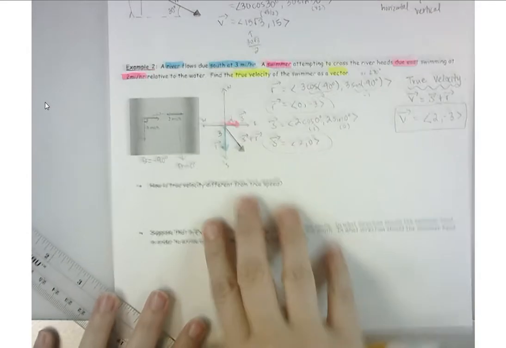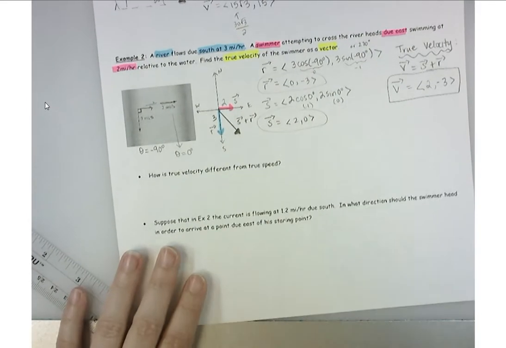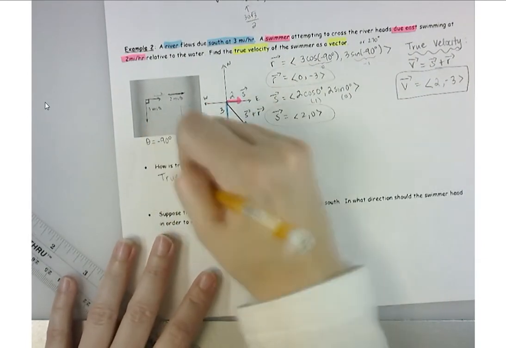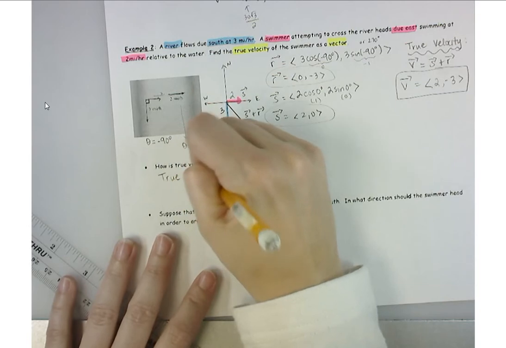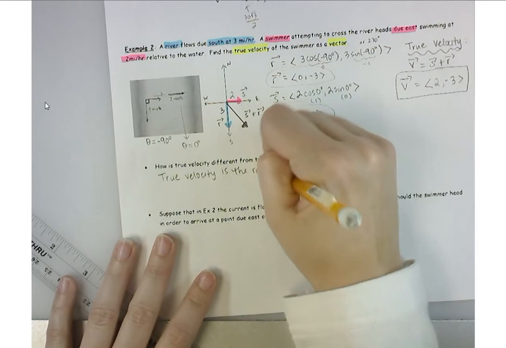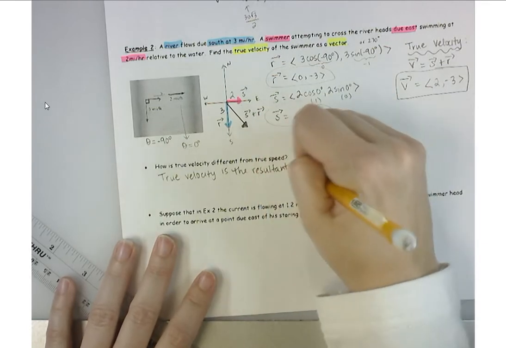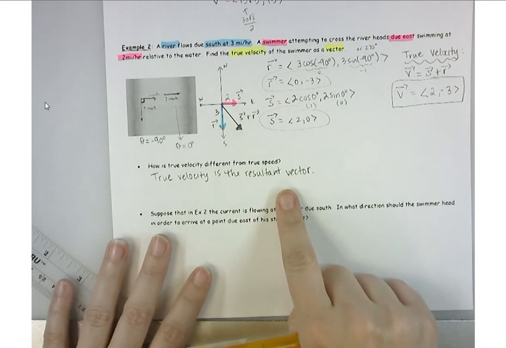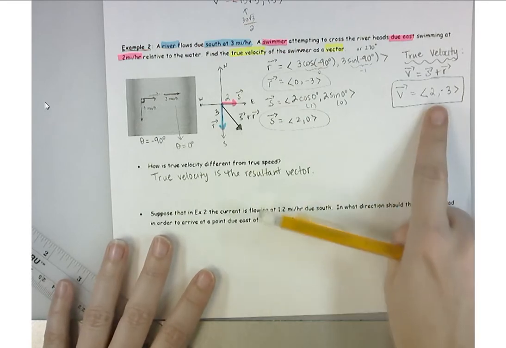Oh, a question we've seen before. How is true velocity different from true speed? Well, remember that true velocity is the resultant vector. Now, this one didn't ask us for the true speed, but we could find out what it is, right?